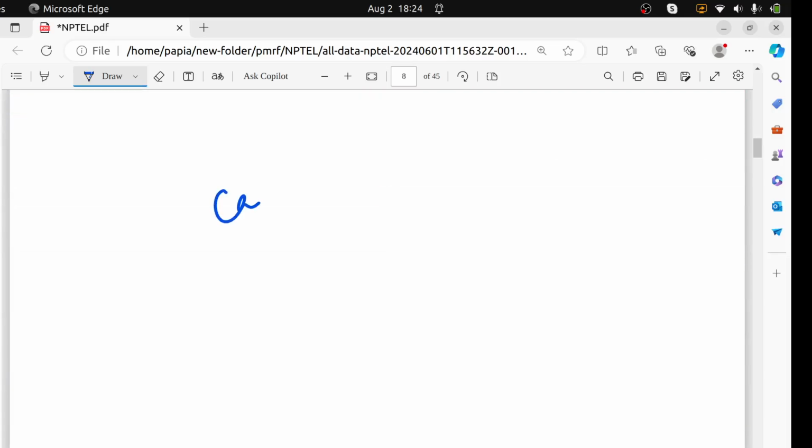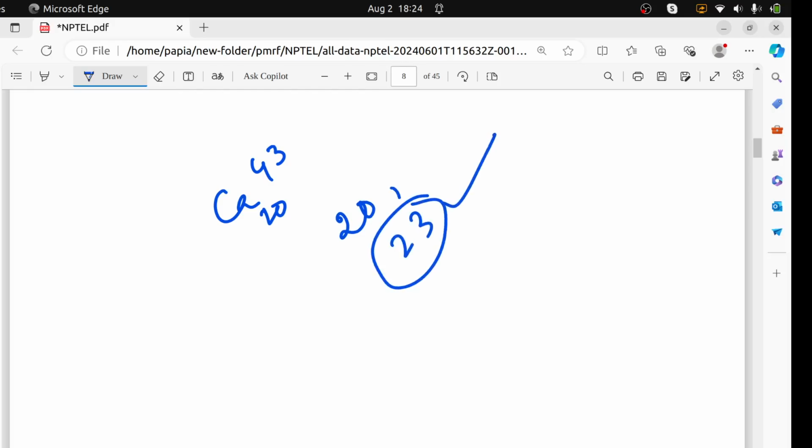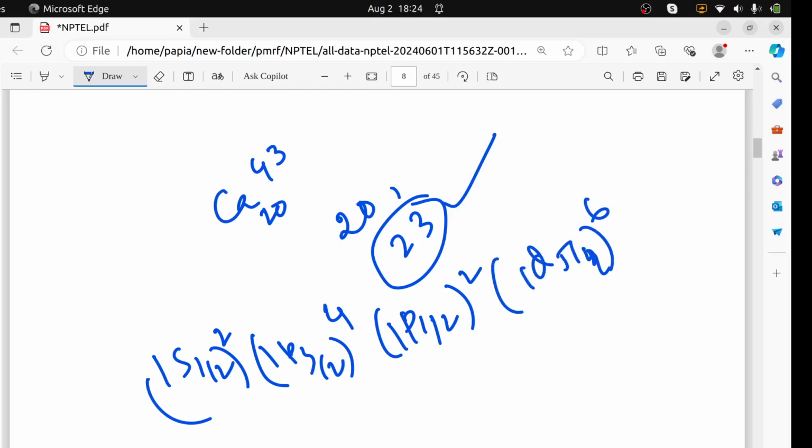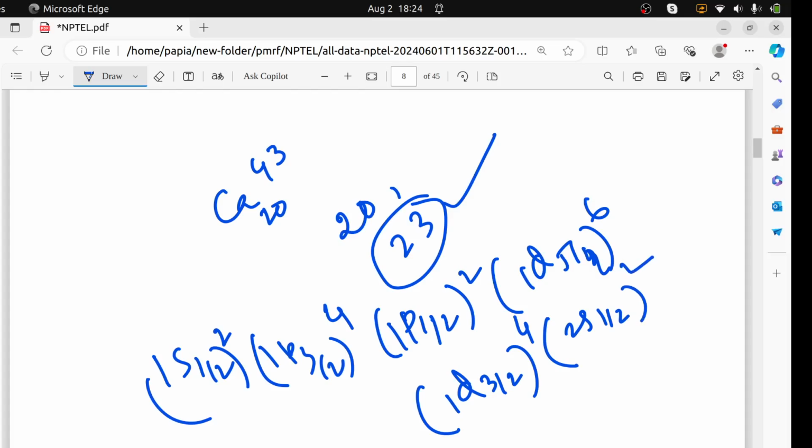You can also do it by yourself, so that you will have a flavor of this. 20 and 23. 23 is the most important one. So this is the thing: 1d 5/2 6, 1d 3/2 4, 2s 1/2 2, 1f 7/2 3.